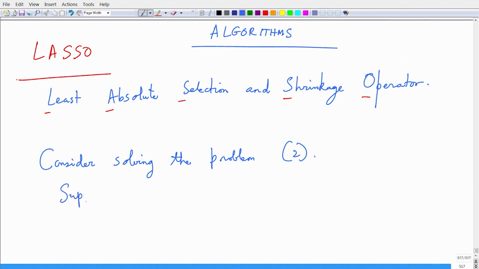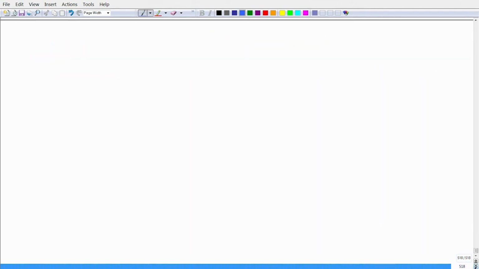Suppose we have two variables in our vector W. Let us say this is W1 and W2. What we do is, by considering the sign of W1 and W2, we have four possibilities.